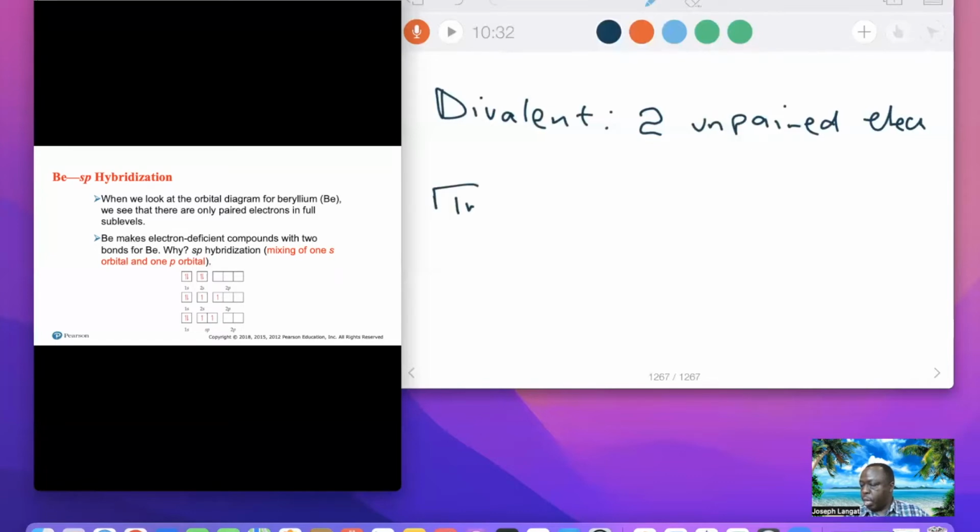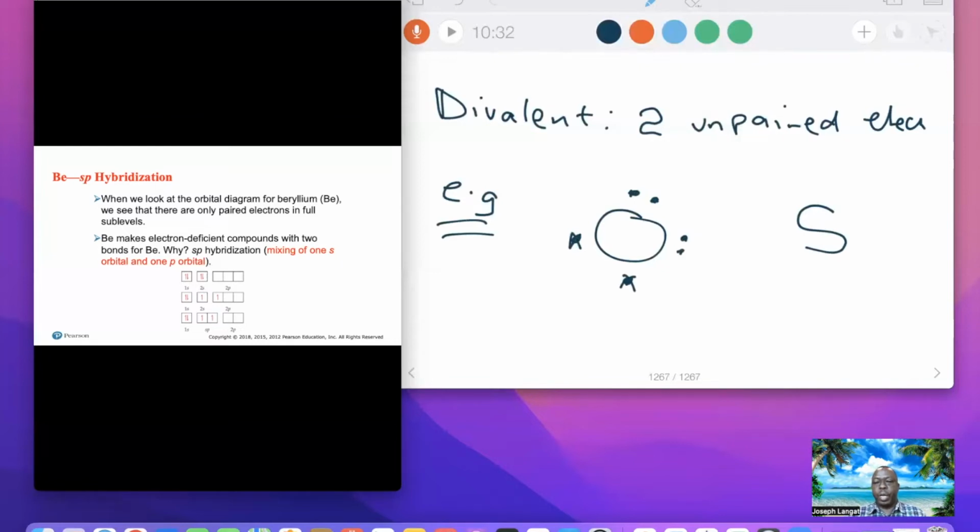Examples of divalent are oxygen and sulfur. If you look at this, 1, 2, 3, 4, 5, 6, we have two unshared electrons. We say divalent. Likewise for sulfur, 1, 2, 3, 4, 5, 6, it has two unshared.